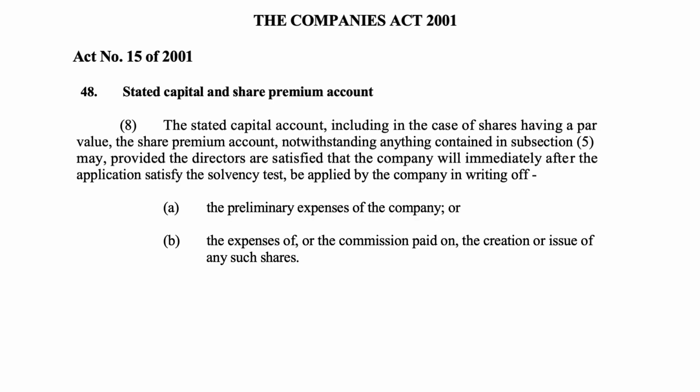And finally, subsection 8 asserts that the stated capital account, which includes the share premium account for shares with a par value, can be utilized by the company to write off A, the initial expenses of the company, or B, the costs incurred in creating or issuing such shares, including commissions paid, provided that the directors are convinced that the company will promptly meet the solvency test after such utilization, regardless of the provisions in subsection 5.